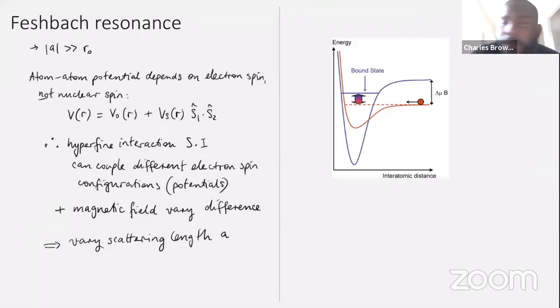I have a question. It might be a little ahead, so we don't have to talk about this now. You just told us how we can vary the S-wave scattering length with a Feshbach resonance. You also mentioned orbital Feshbach resonances. Were you talking about P-wave or higher partial wave resonances? That's a good question.